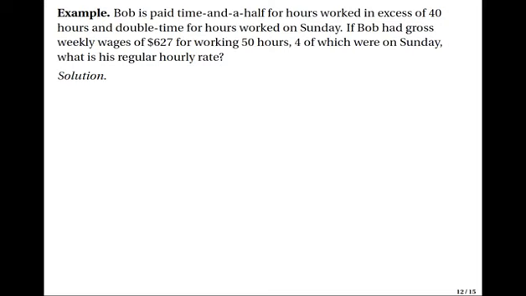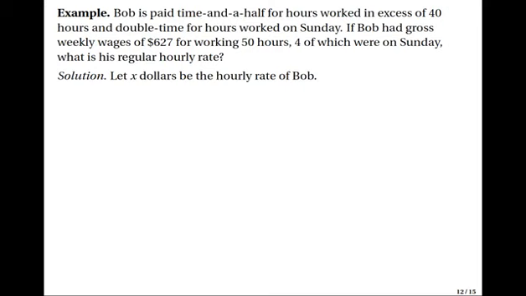So again, you are asked to find the regular hourly rate. So let's start with that. Let X dollars be the hourly rate of Bob. According to this first statement here, Bob is paid time and a half for hours worked in excess of 40 hours.